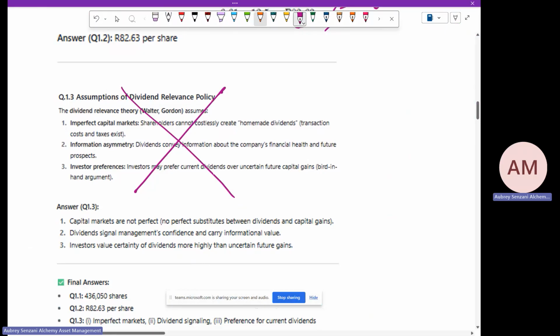So go to page, where is this page now? Page 77. Yes, dividend relevance. Even the irrelevance is there on page 77. Yes, the assumptions. Okay, so there you can see it says the company does not take on any debt.